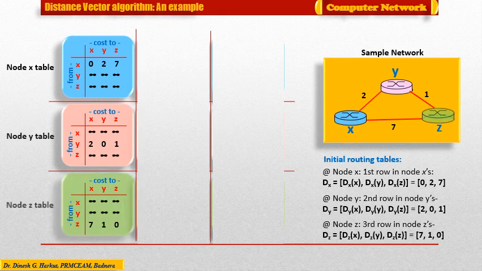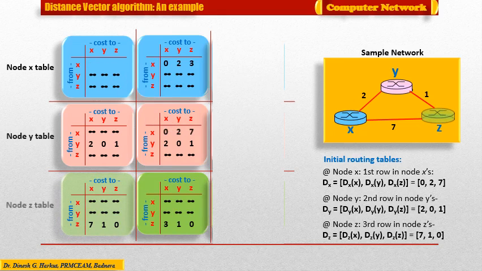For example, here after initialization, node X sends its distance vector, that is 207, to its neighbor Y and to its other neighbor Z. Initially, the first row in the node table was initialized with infinity, but after node X sends its own distance vector to the two neighbors, this row is changed from infinity to 207.